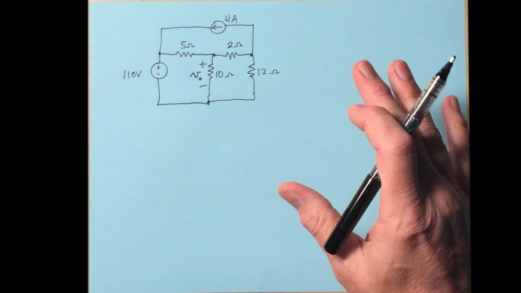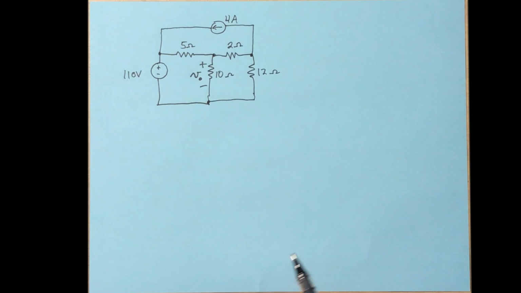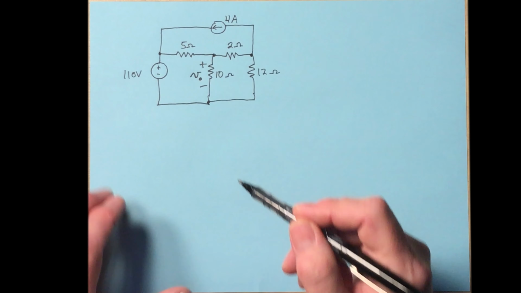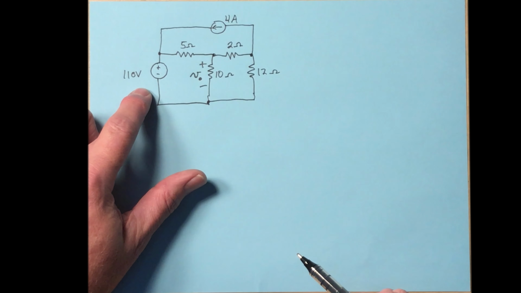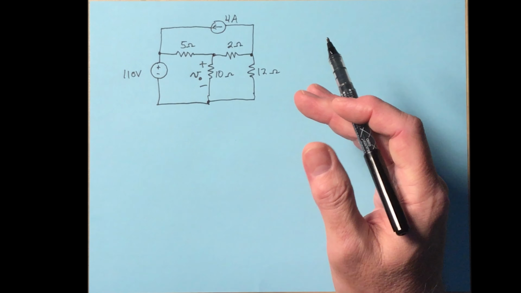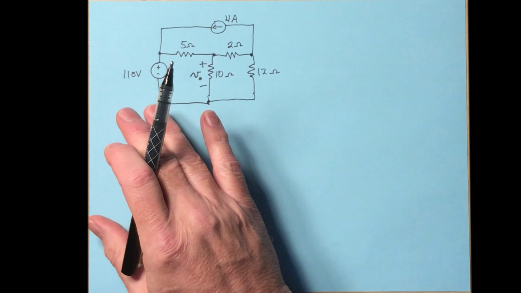Take that value, set it aside, then do the opposite: disable the 4 amp source and keep the 110 volt source. Then figure out what V0 is one more time with just the 110 volt source.